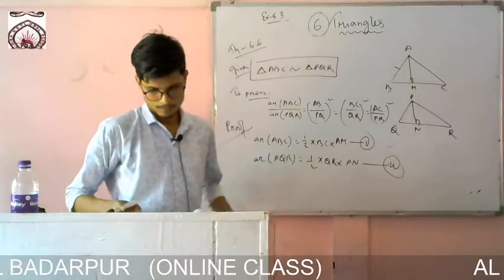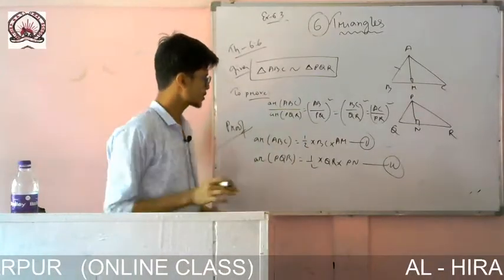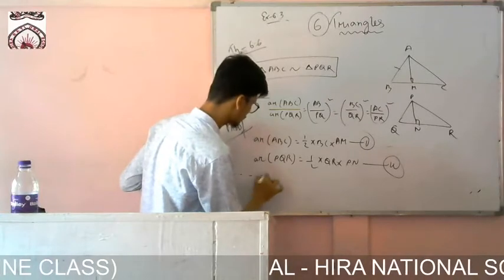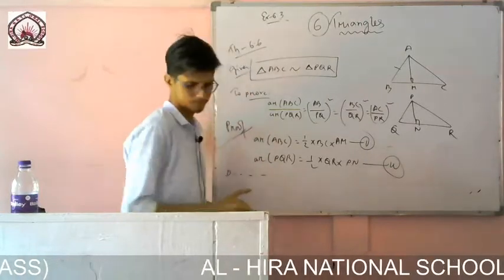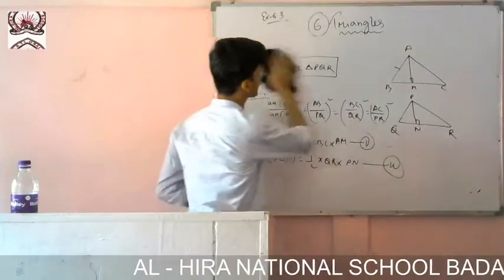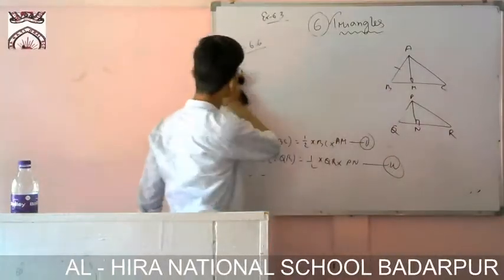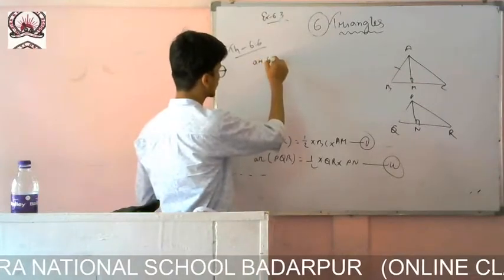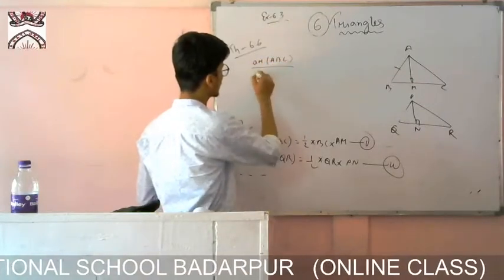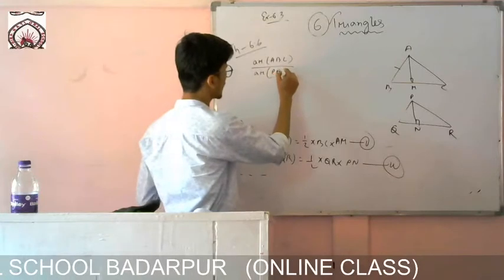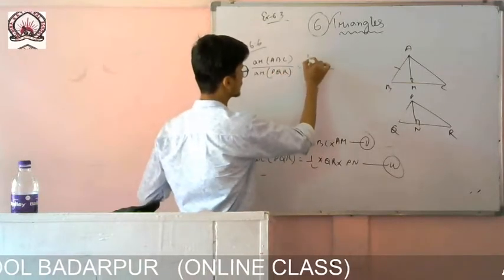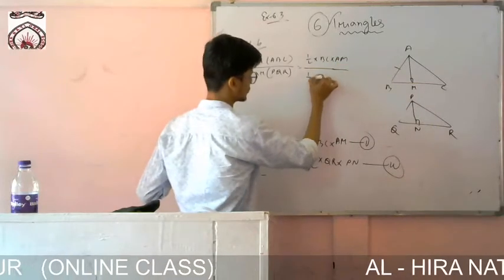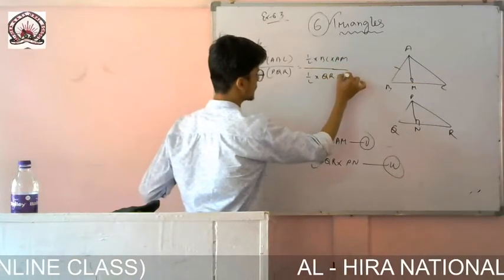So now I will simply divide equation 1 by 2. Dividing equation 1 by 2, area of triangle ABC by area of triangle PQR equals half into BC into AM by half into QR into PN.